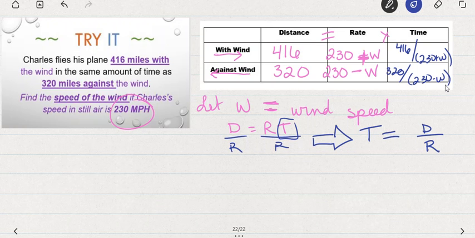And do you see this really important piece of information: in the same amount of time? So that's our equation. Our equation is that the time with the wind is going to be equivalent to the time against the wind.